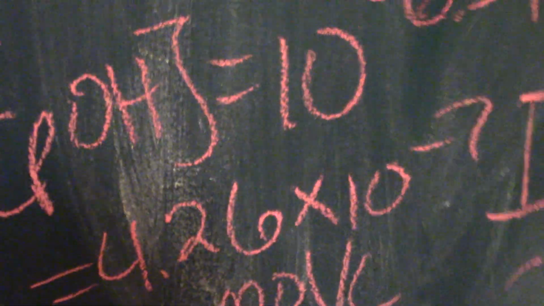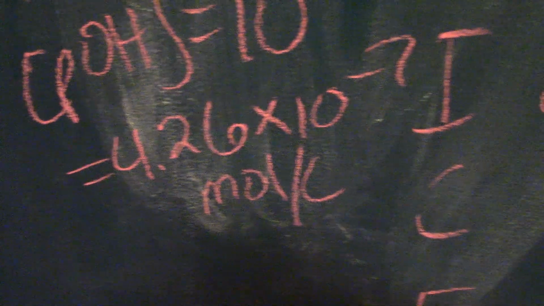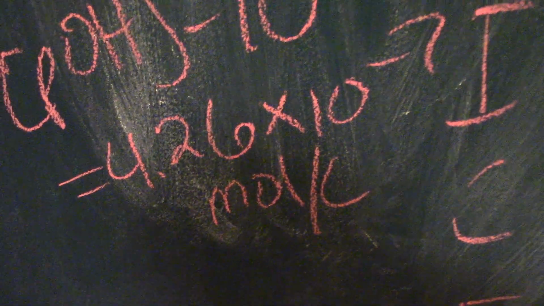So I know that the concentration of OH negative is going to be 10 to the negative 6.37, and that's going to equal 4.26 times 10 to the negative 7 moles per liter. So that is my concentration of hydroxide once this solution has hit equilibrium.